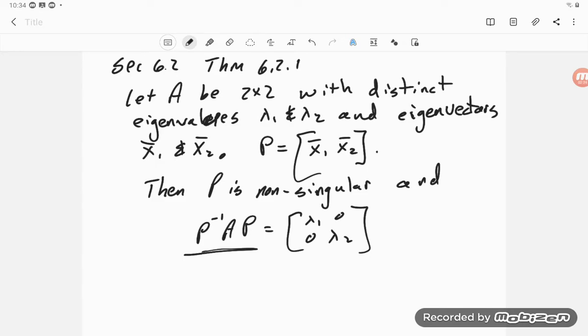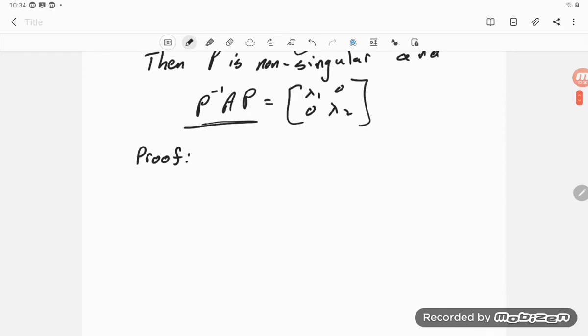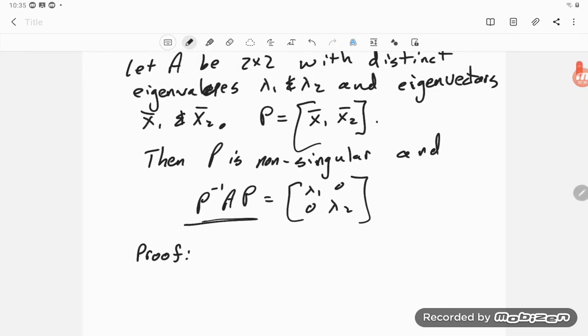So, pretty cool. Okay. So the proof, there's a few things to prove here, because we've got P is non-singular, and then this diagonalizability. It's mostly the non-singular. Once we get that, it's not so bad.